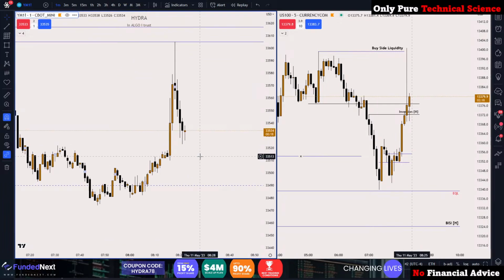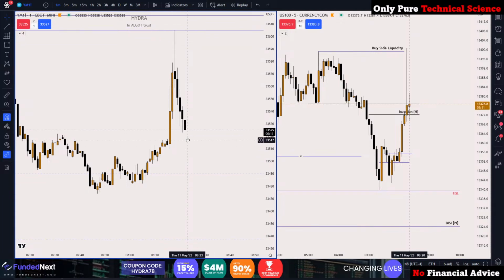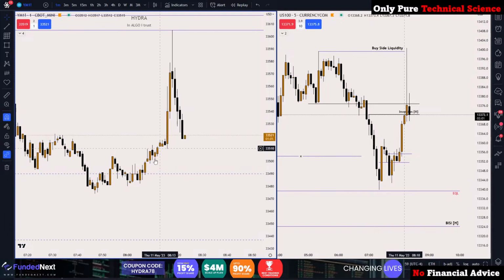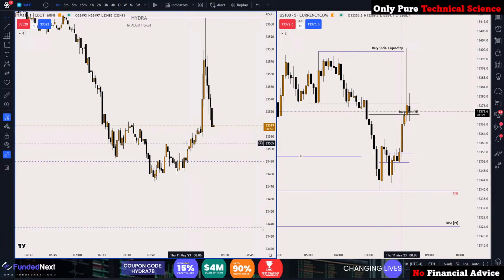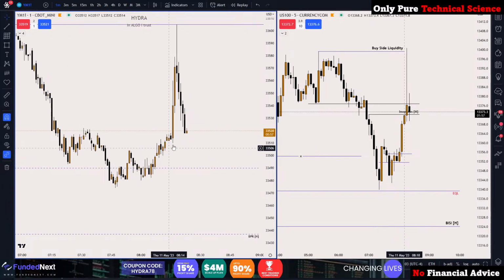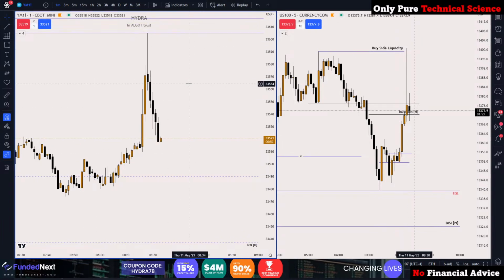And on Dow, you can see that this fair value gap is now holding price. So let's see how Dow does it. I do see relative equal lows below here, but I wanted to take part in this trade, targeting these relative equal lows, but price didn't give me any chance to enter.